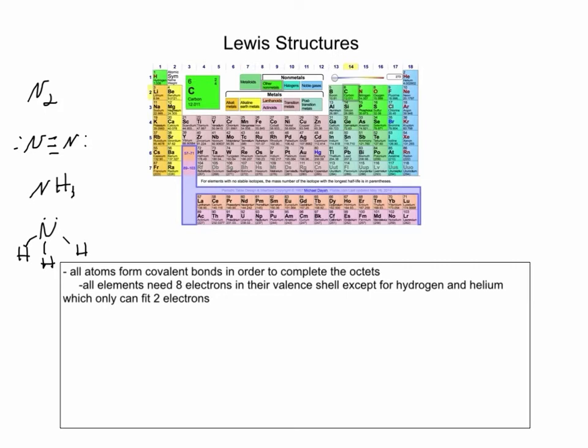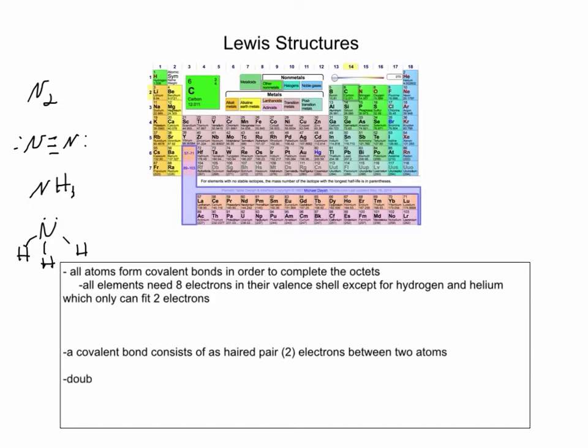We also need to remember that a covalent bond consists of a shared pair, meaning 2 electrons between 2 atoms.